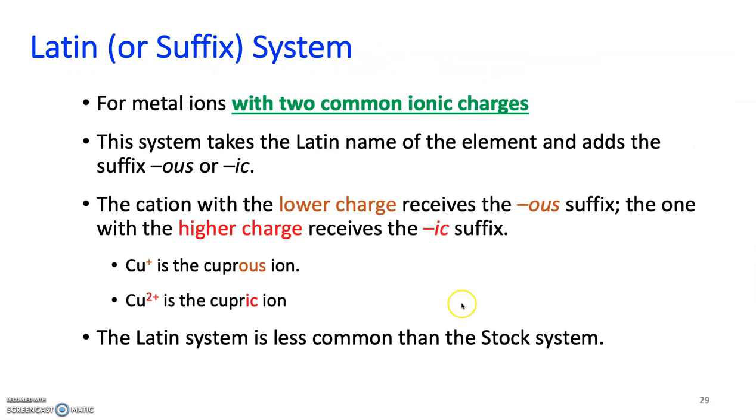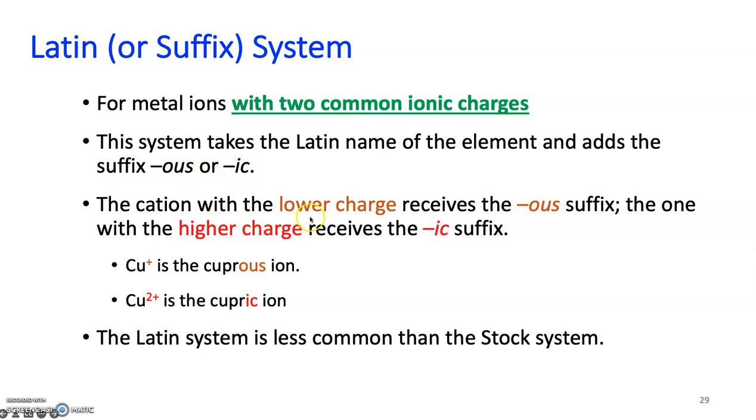There's another naming system called the Latin or suffix system. For metal ions with two common ionic charges, you can use the Latin or suffix system. This system takes the Latin name of the element and adds the suffix -ous or -ic.